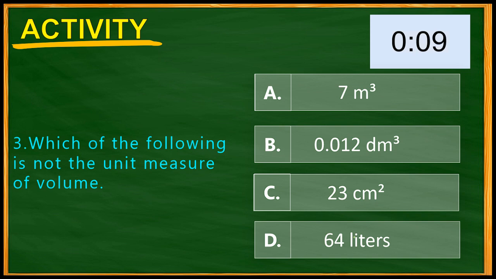10 seconds. Comment down your answer, grade 5 pupils. Time's up. The correct answer is letter C, 23 square centimeter, because this would be volume, volume, volume, and this should be an area.